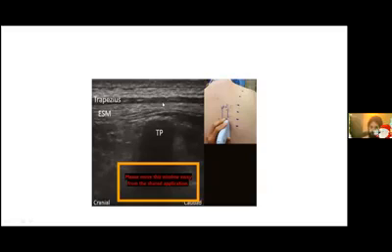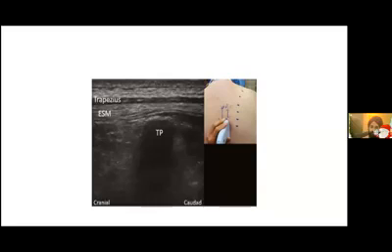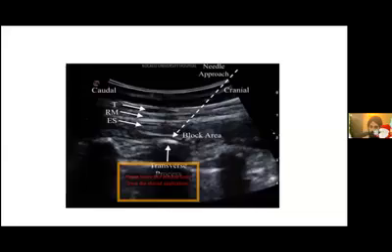As I told you, above the T5 level we should see 3 muscles, trapezius, rhomboids, and erector spinae, and at T5 and below we will see 2, the trapezius and erector spinae. So the target is deeper to the erector spinae muscle, between the transverse process and the erector spinae muscle. You can see in this image, marked by the arrow, that it is deeper to the erector spinae muscle and just above the transverse process.